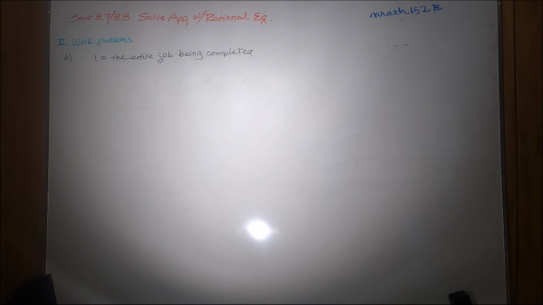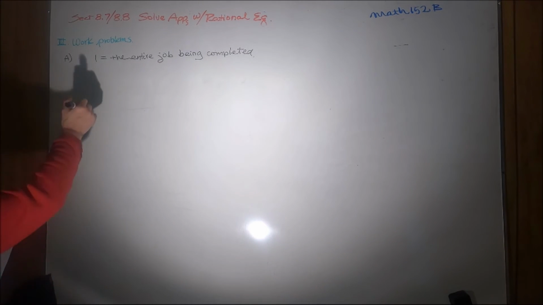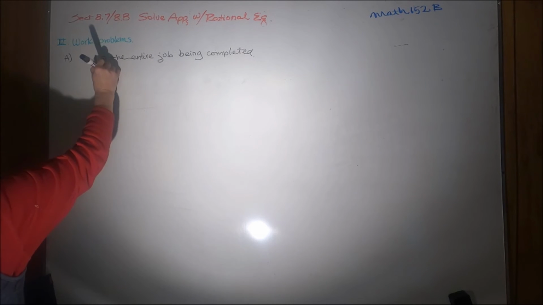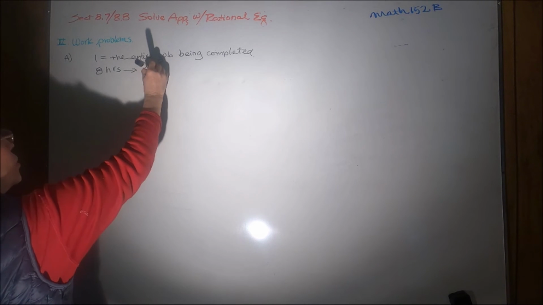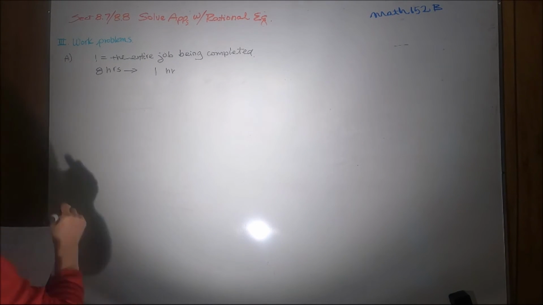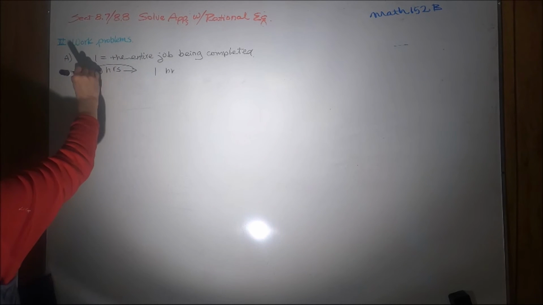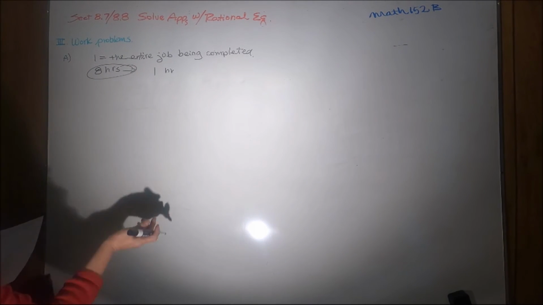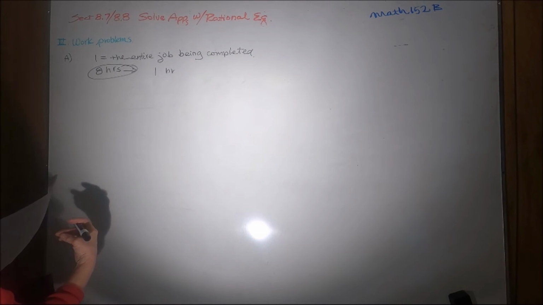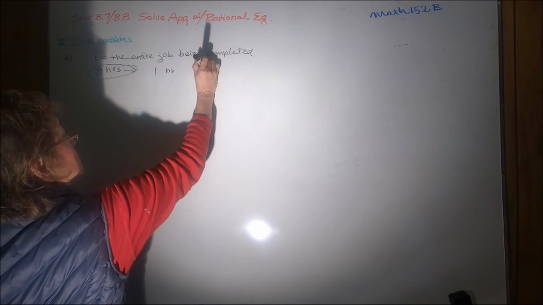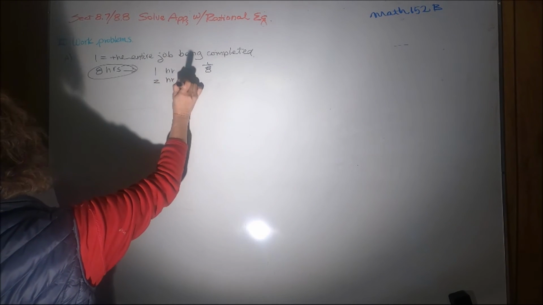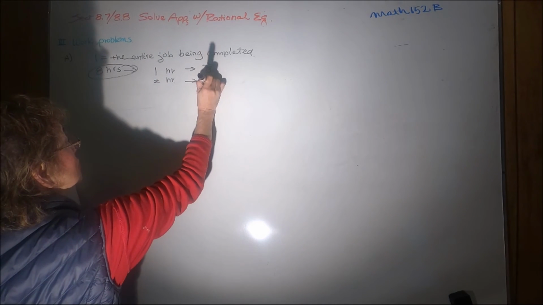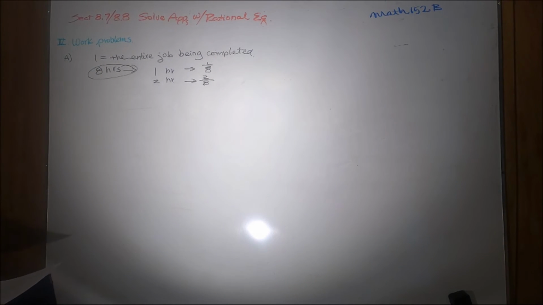So we start from one person, okay? Say if it takes you 8 hours to finish, then in 1 hour, how much can you finish? Total is 8 hours. Then in 1 hour, you can do 1/8 of that, right? If 2 hours, that would be 2 out of 8, right?